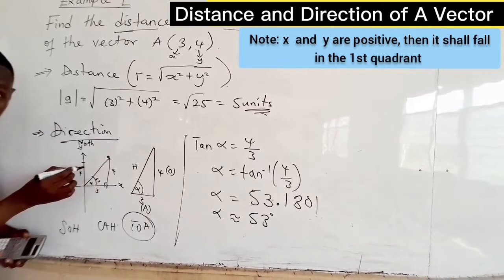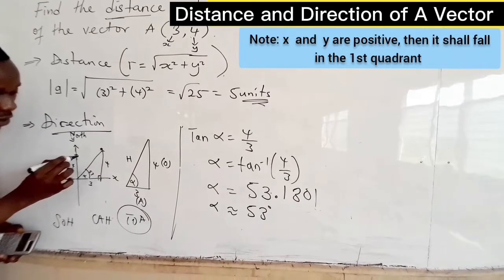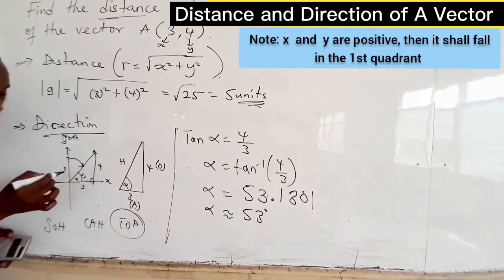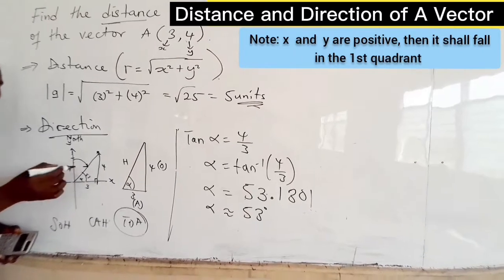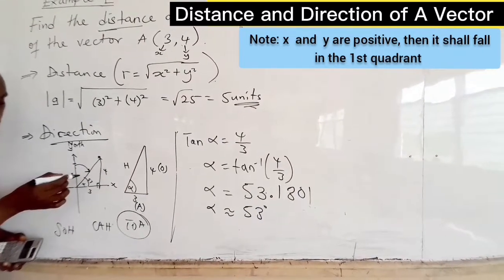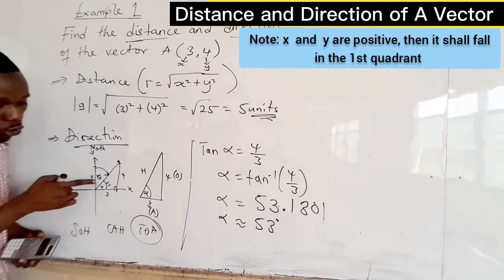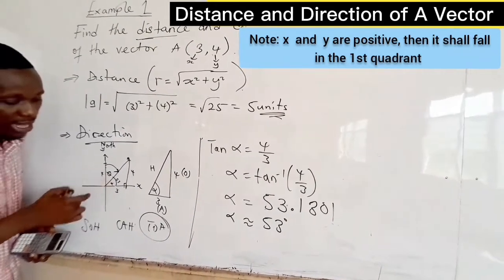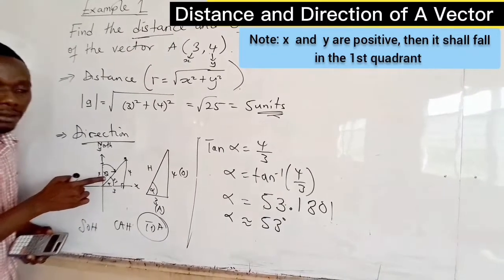But the bearing starts from here, the direction. It started from the north. So it reads to this place. Therefore, we have to find the angle here. So the angle here, let's name it theta. So if we have this one, it means what will be the angle here?